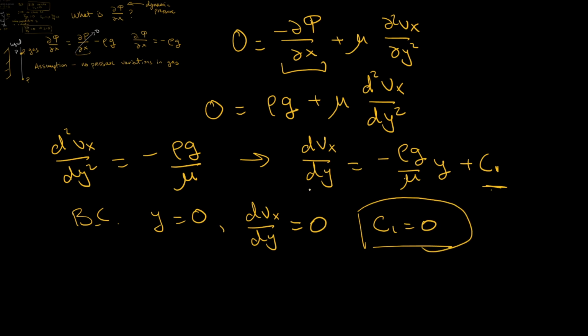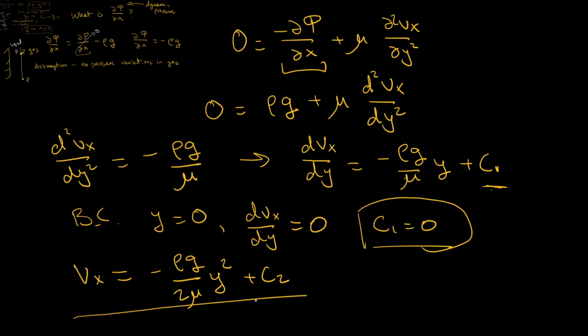We can integrate this equation right here one more time, setting c1 equal to 0 to solve for v sub x. So we get v sub x is equal to minus rho g over 2 mu times y squared plus a second integration constant.